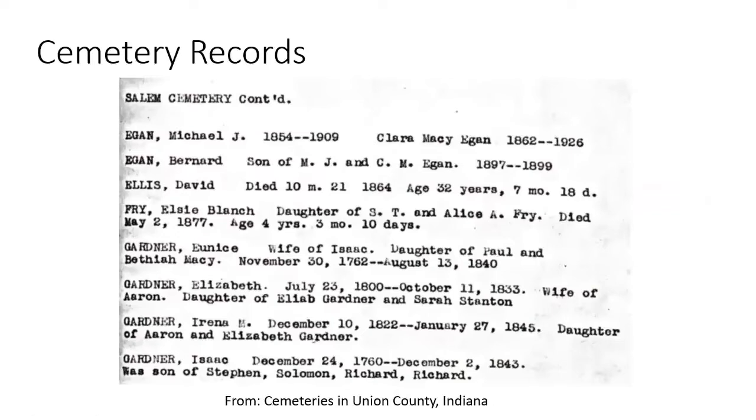Now, for a cemetery record, this is the Salem Cemetery in Union County, Indiana. It talks about the person, when they were born and died, and in some cases, who they're related to. So this is the insight of what a cemetery record may look like.